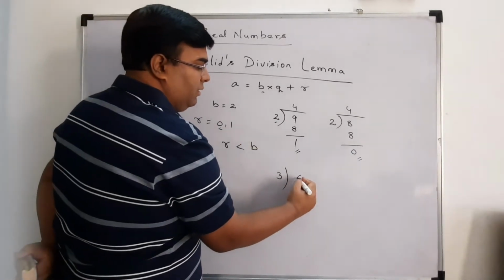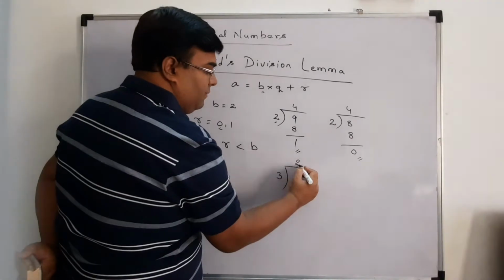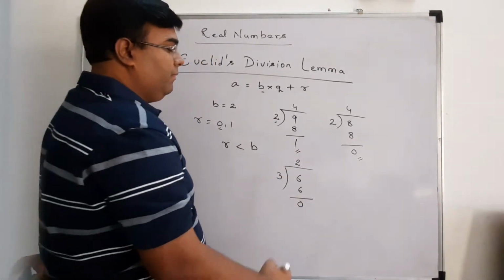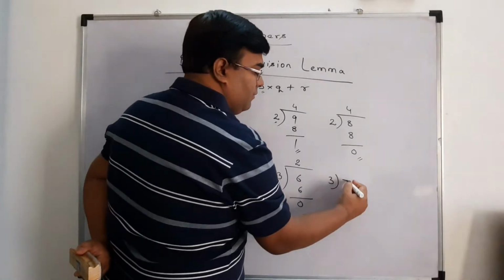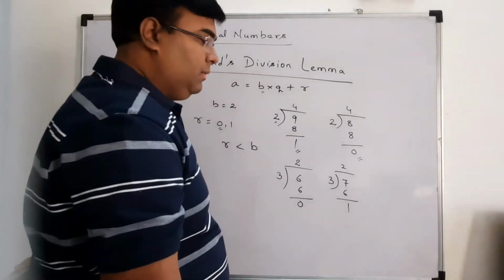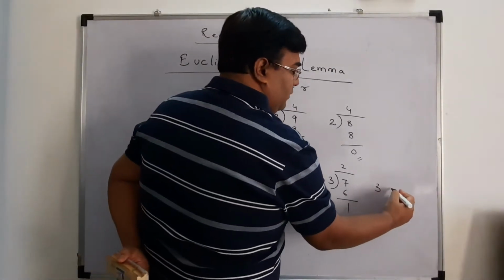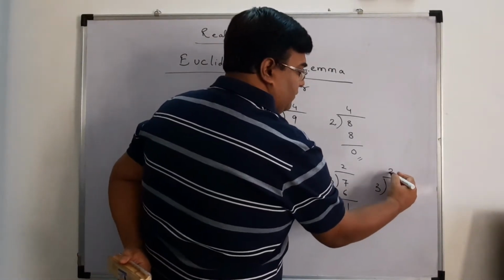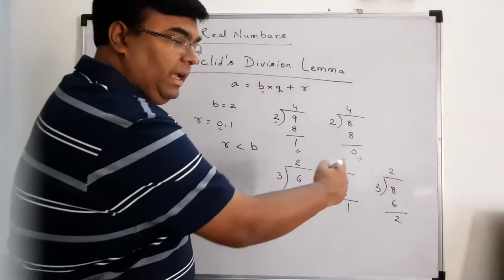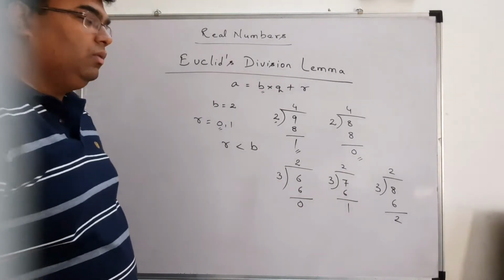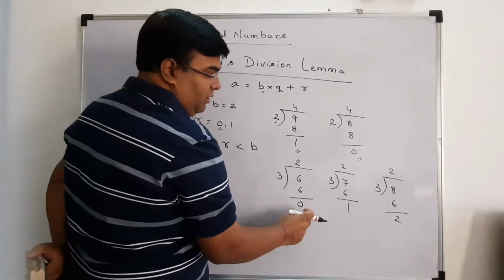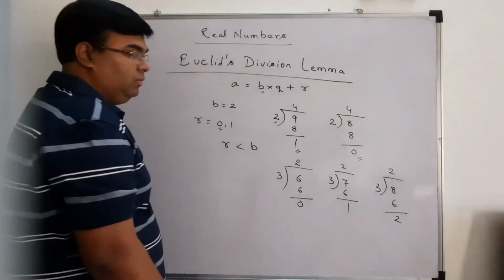Let us say 6, remainder 0; 7, remainder 1; and 8, remainder 2. If you take 9, then again it will be 0. So for 3 we have 3 remainders: 0, 1 and 2.